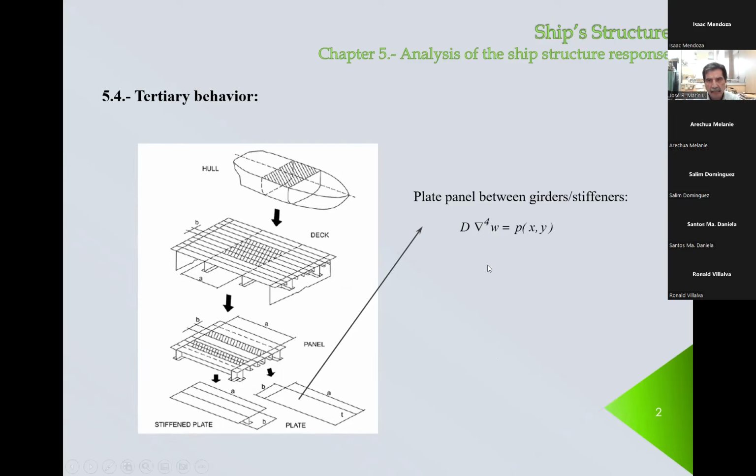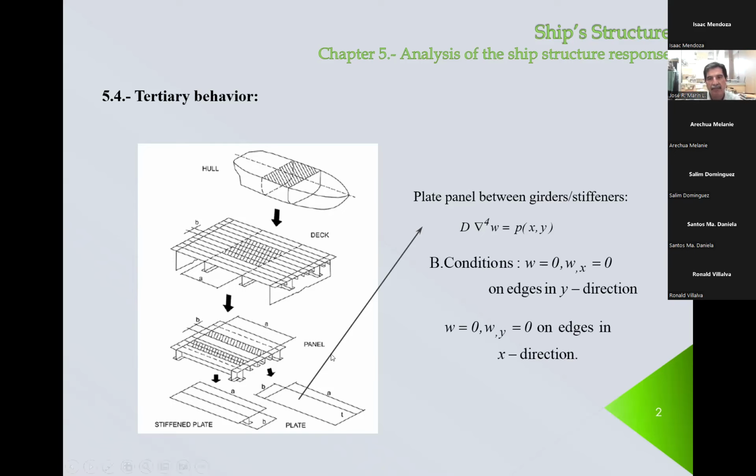Now in this case, we could assume that the 4 edges are clamped. Now, this is just an extreme situation, but it's good as a reference. In that case, we could consider that, for example, in this direction there would be no slope.